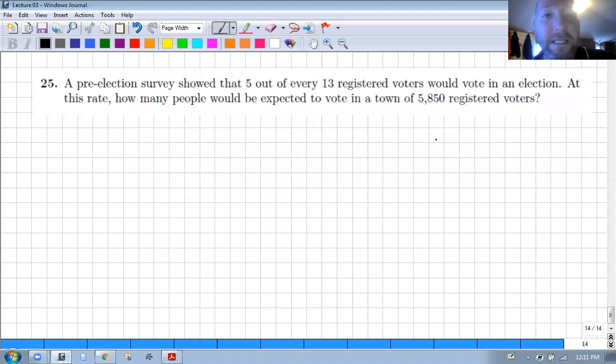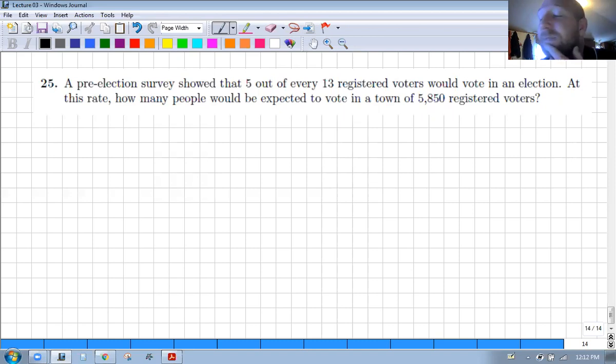All right, a pre-election survey showed that 5 out of every 13 registered voters would vote in an election. At this rate, how many people would be expected to vote in a town of 5,850 registered voters?